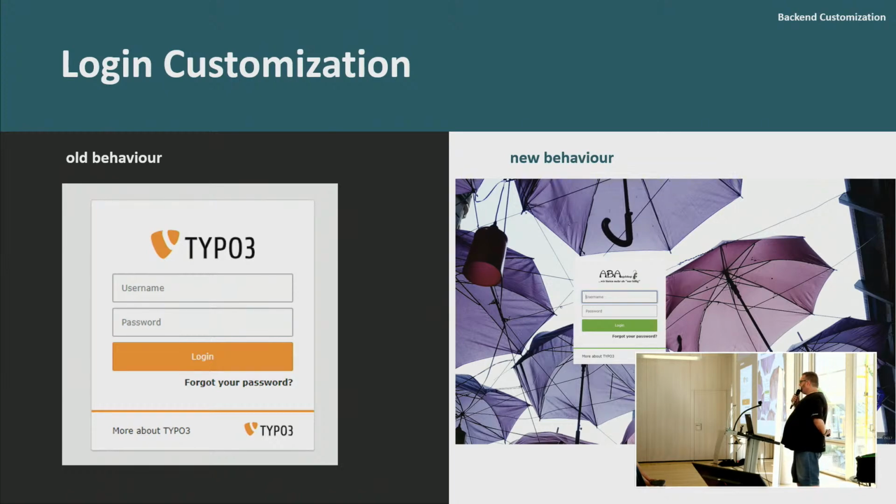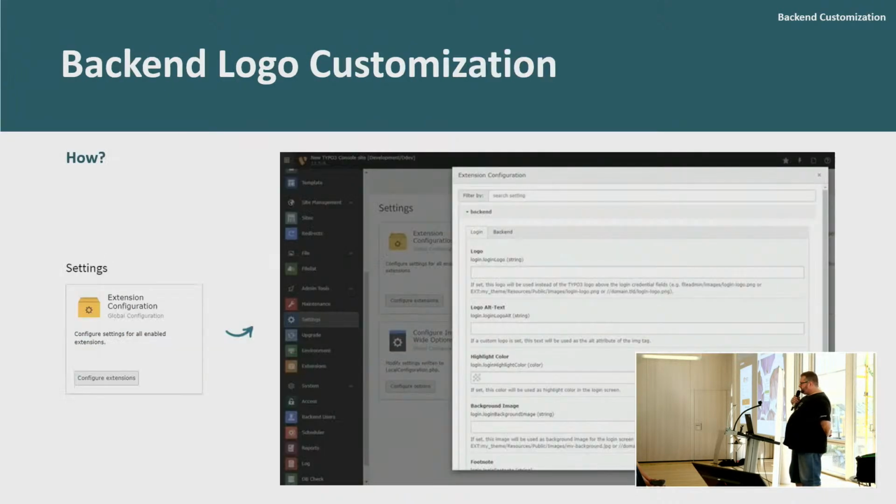It's very simple. You can go in the backend, in the settings, and there is the possibility to style the login very simply. The editor feels at home and has a good feeling when going to the backend.